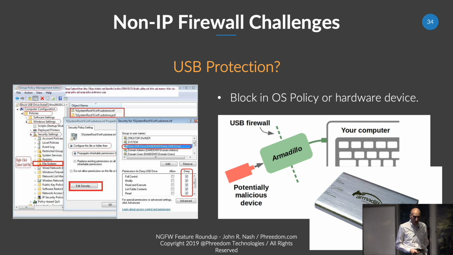If you want to hear 1,000 users complain, turn that on. Your phone will ring. If you have to have USB capability in your corporate environment and you can't accept the risk, there are commercial products out there that act as a USB firewall. You plug them into your computer, plug in an untrusted device, and you've got that layer of protection.